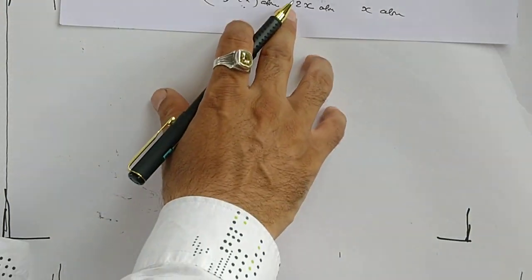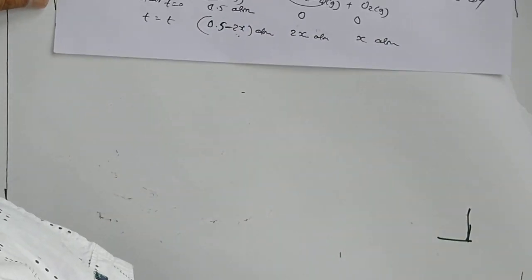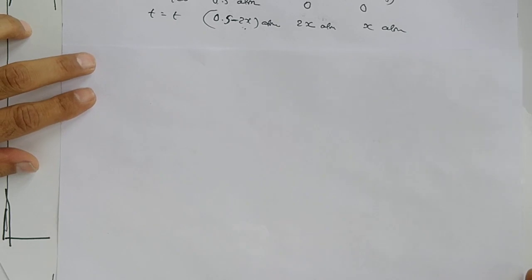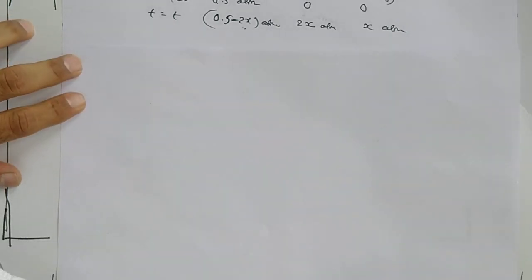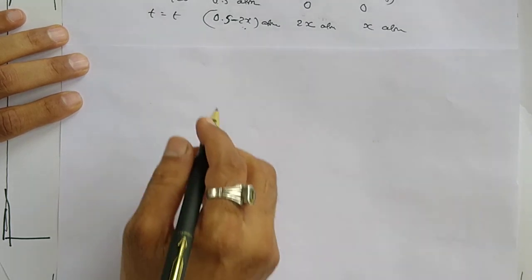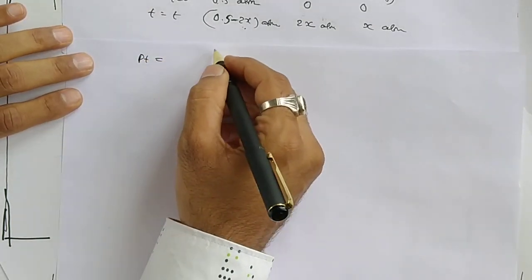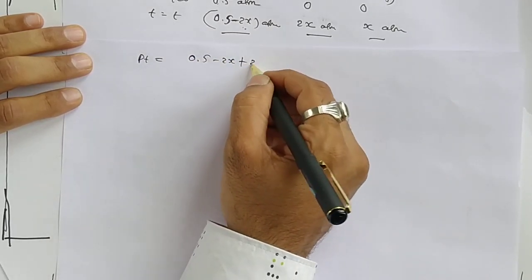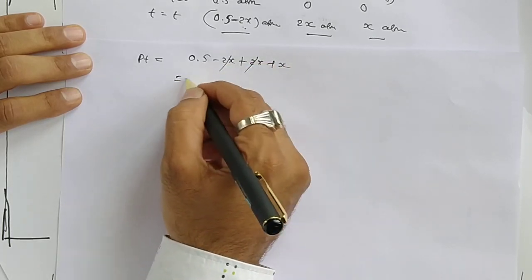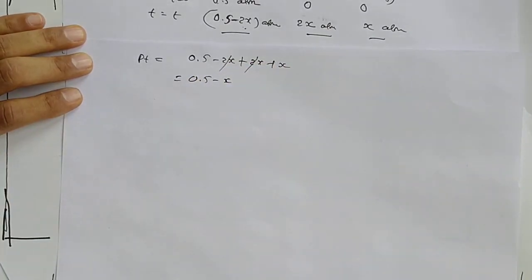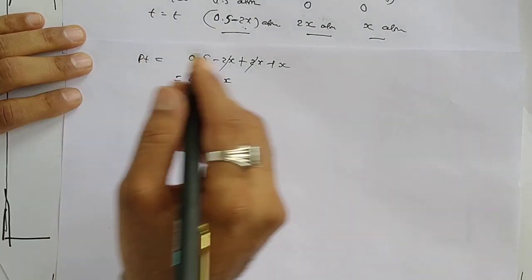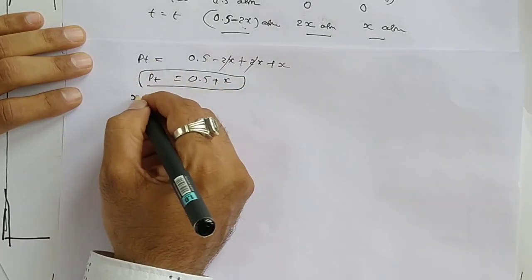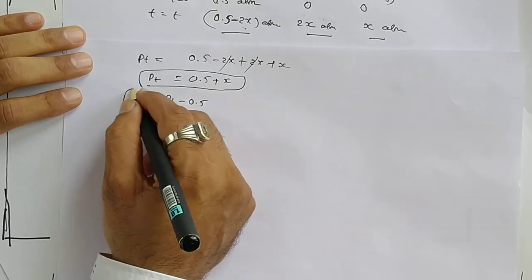Now you can see total pressure will be PT, the sum of these three: 0.5 minus 2x plus 2x plus x. Cut, 0.5 minus x plus x is PT, total pressure. So x will be total pressure minus 0.5.